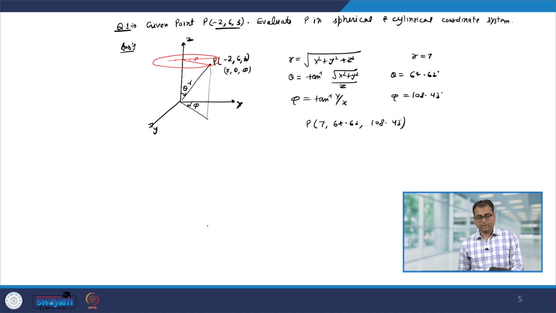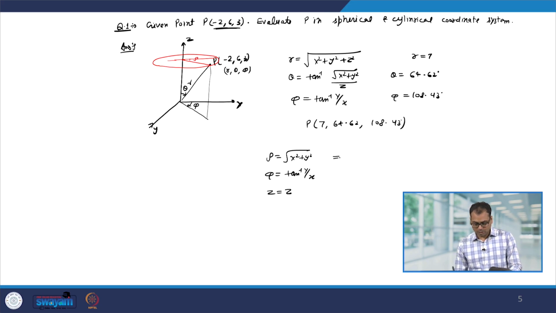So, you can see from the figure that rho is square root x square plus y square, phi is tan inverse y over x and z is z. Now, x, y and z is given, they are minus 2, 6 and 3, therefore, rho you can calculate, it comes out to be 6.32, phi comes out to be 108.43 degree and z is of course 3. Therefore, in cylindrical coordinate system the point P becomes 6.32, 108.43 degree and 3.